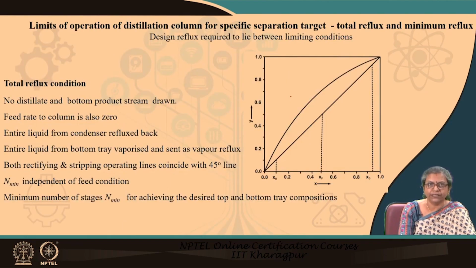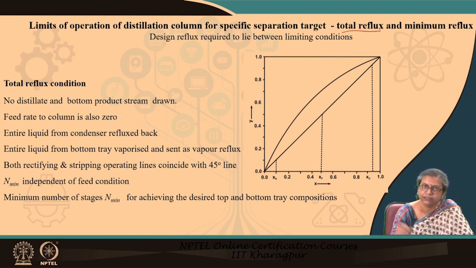Now, what I would like to tell you is that the entire thing was discussed based on a particular reflux. This particular reflux can vary between two limiting conditions. One limiting condition is the total reflux condition.